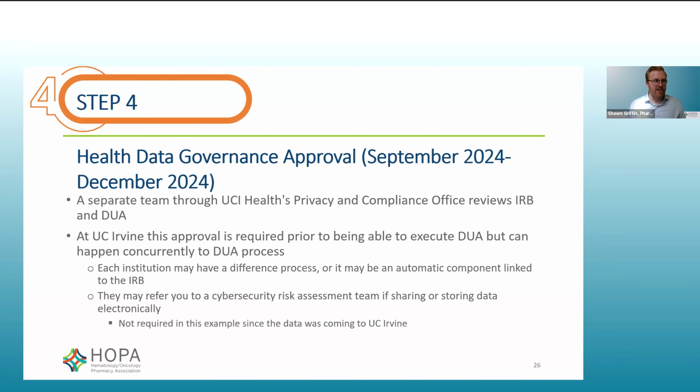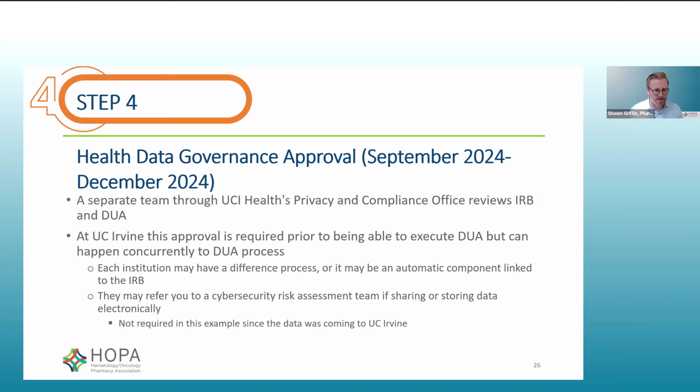And then this is where I found out about the health data governance approval. This was a whole other ordeal, mostly because I didn't know it existed, but I got alerted from the DUA individual that, hey, have you gone through this data health governance approval? Once I found the right person, it was relatively straightforward.